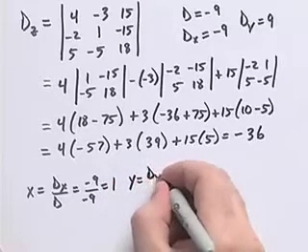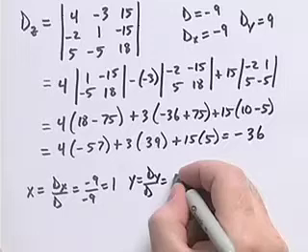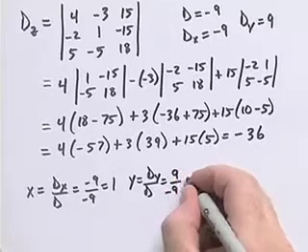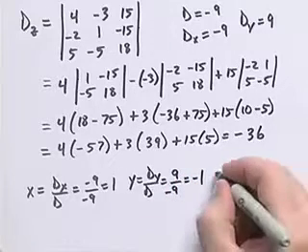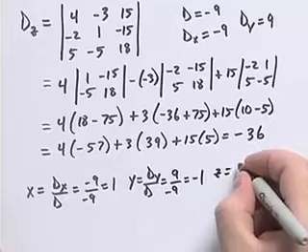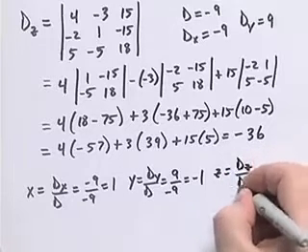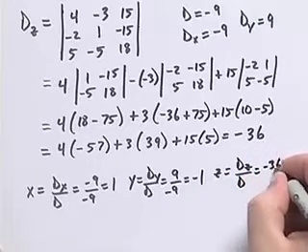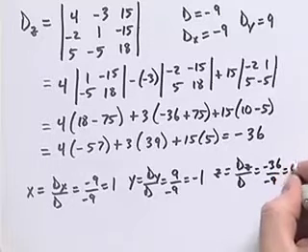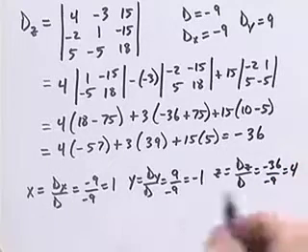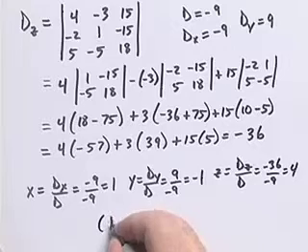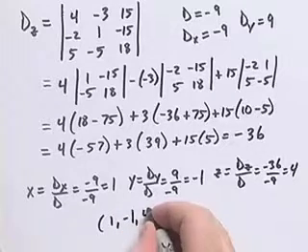Y is equal to Dy over D, which is a positive 9 over negative 9, so we get negative 1. Z is going to be Dz over D, which is negative 36 over negative 9, which is 4. So we know x, y, and z, our ordered triple is 1, negative 1, and 4.